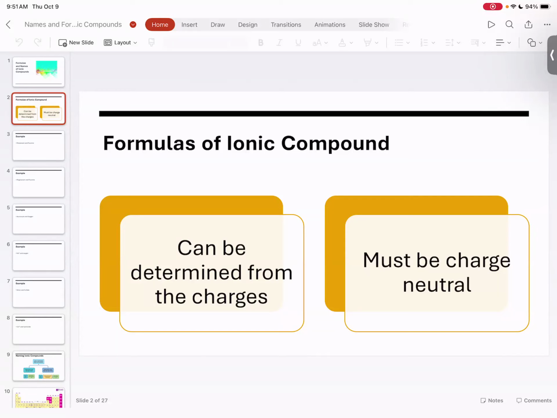Now, ionic compounds consist of a cation and an anion. The number of cations and anions that are attracted to one another electrostatically is dependent upon how many are needed in order to obtain charge neutrality, because ionic compounds must be charge neutral.